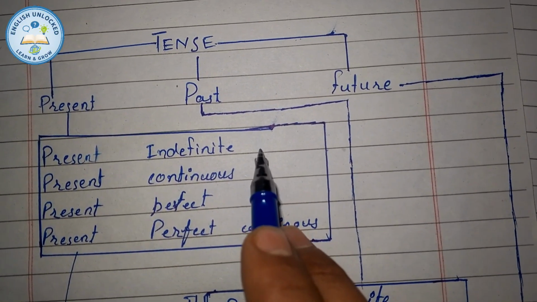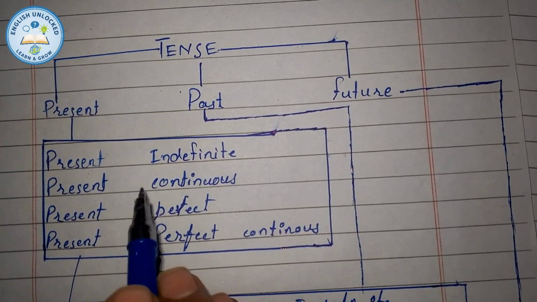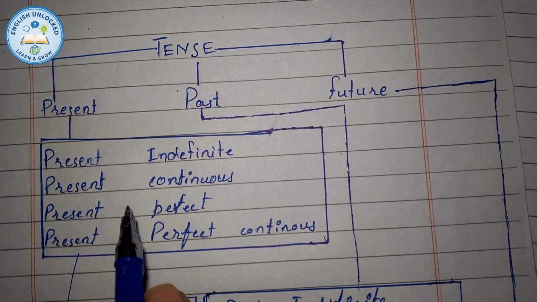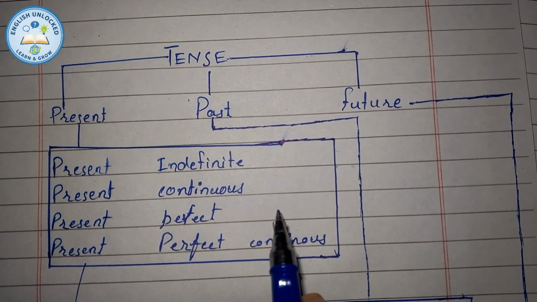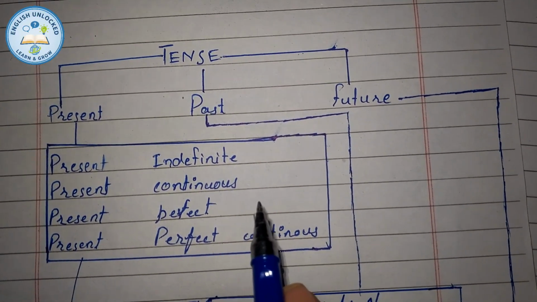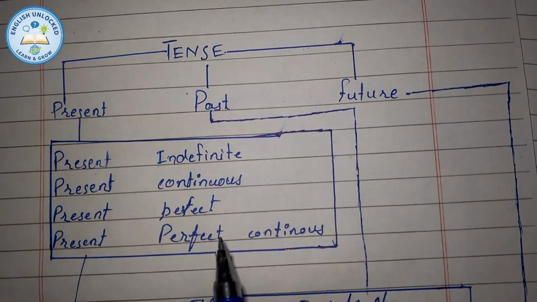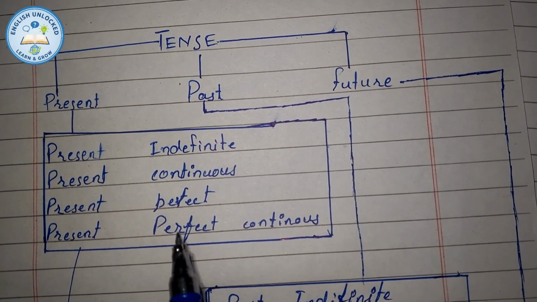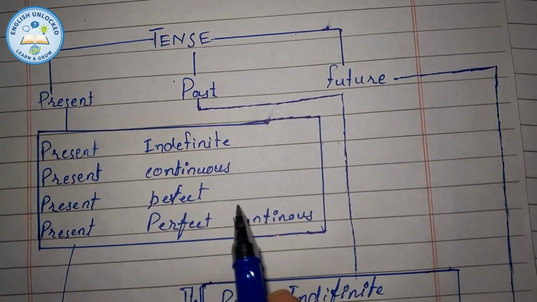This is for present indefinite. I am making a video. This is for present continuous. I made a video. This is for present perfect. And present perfect continuous tense is, for example, I have been making a video since morning.